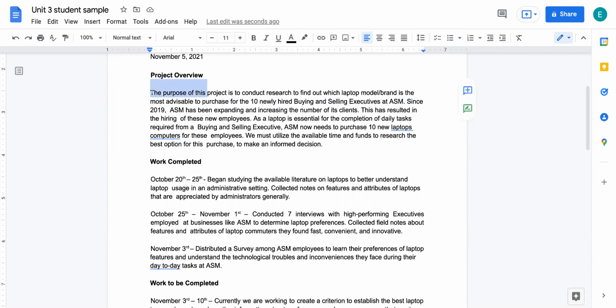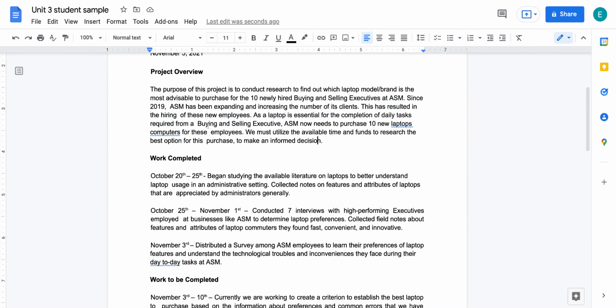So explain the purpose, mention what's going on with the newly hired people and who they are. Then 1 to 2 sentences to explain why the research is necessary, and just a very quick overview as a reminder to the reader what this project is about. That's all that should be in your project overview.